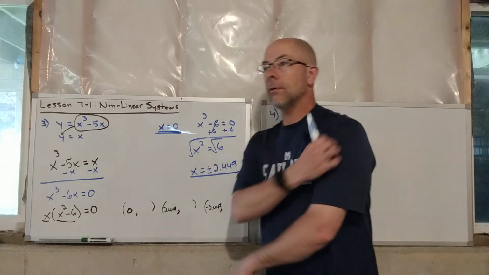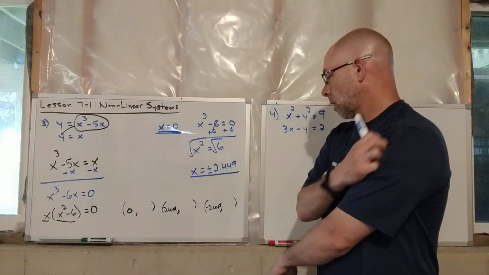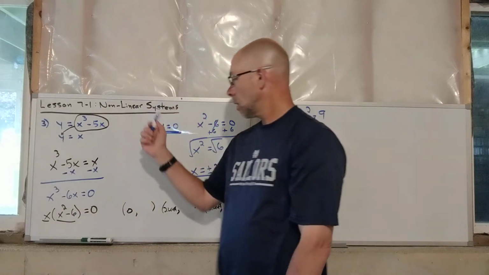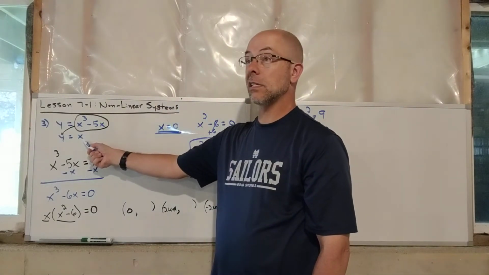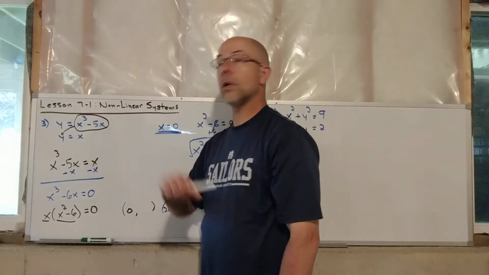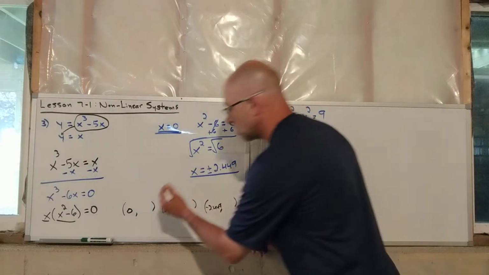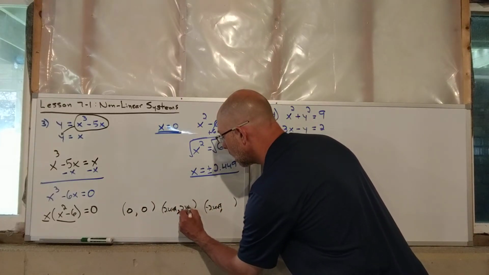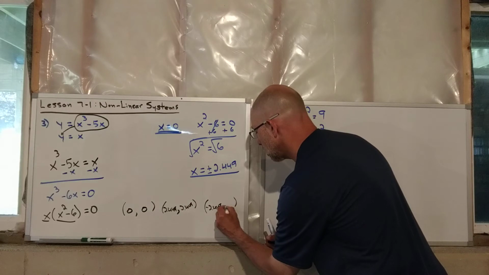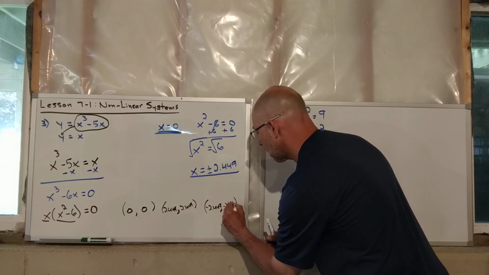The nice part about this is I can choose either equation to plug these back into. That's about as easy as it gets. Y is equal to whatever x is. So if x is 0, y is 0. If x is 2.449, so is y. And so is y for negative 2.449.